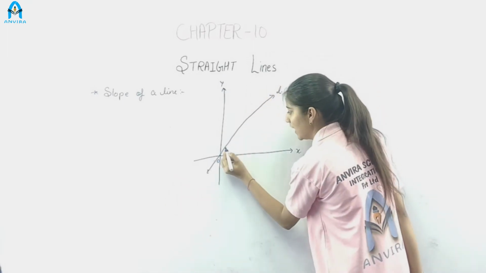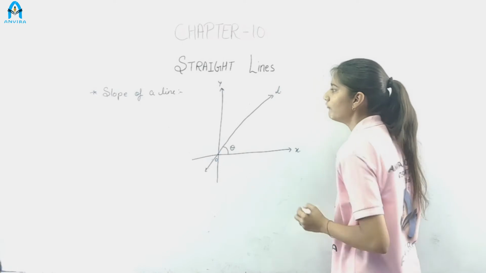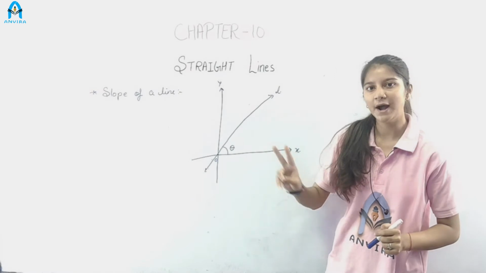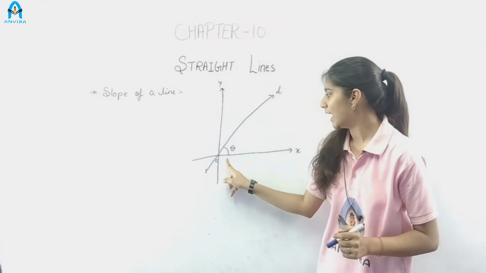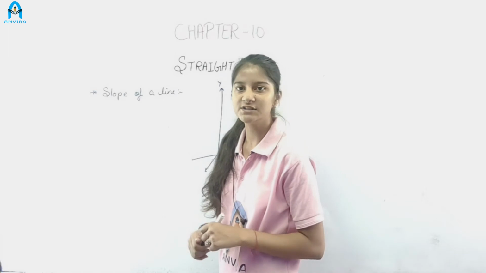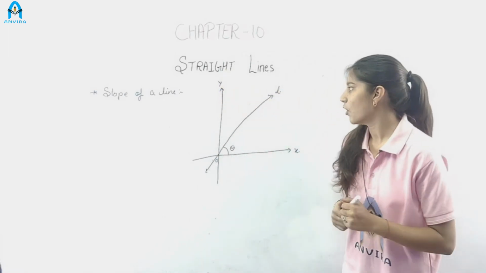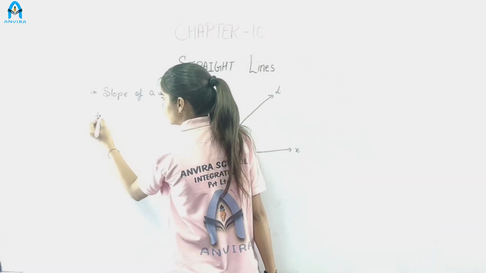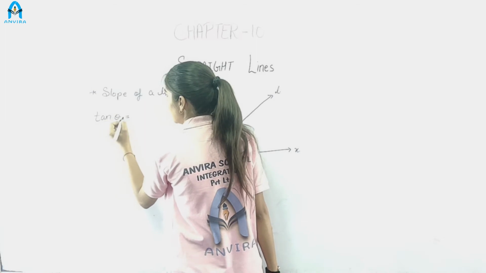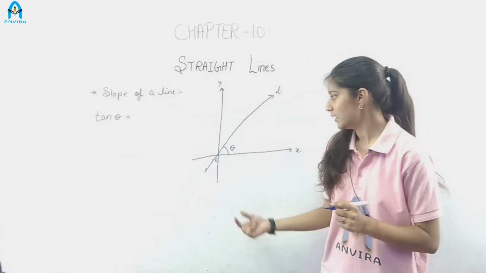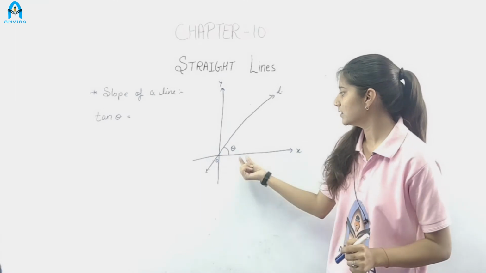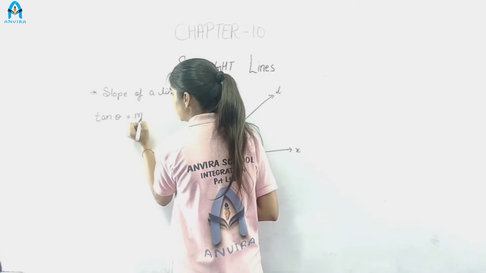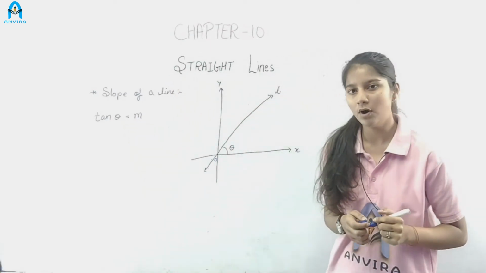First of all, I have to know the angle of inclination. We can find the slope of any line by two methods: first, by finding out the angle of inclination, and second, by the coordinates of the line. So first here we will study how to find the slope of the line using angle of inclination. Here the slope of this line L is tan theta, and slope can be written by the letter small m.